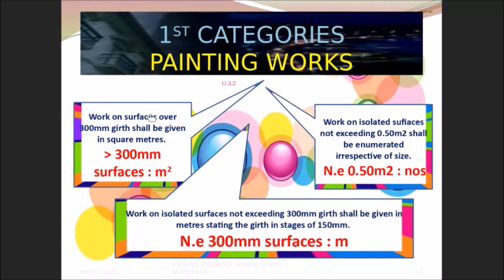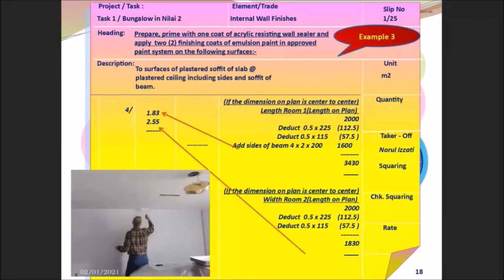So which one falls under ceiling? Definitely the first one, because ceiling is a very wide area, so normally the unit is meter square. This is the example. What you can do, you can actually take the quantity. If you measure this one first, then you have to show the calculation for the installation of this ceiling.